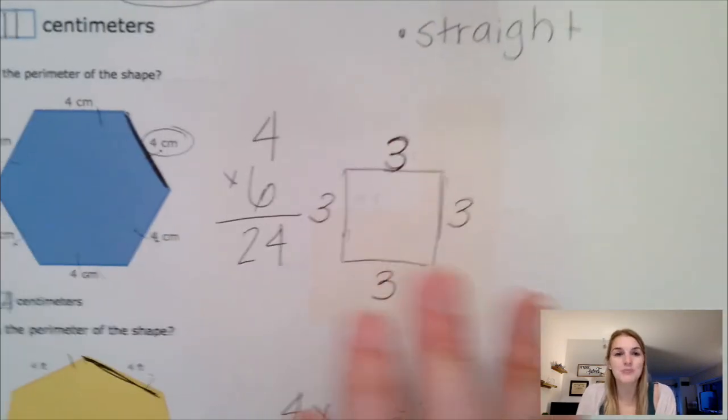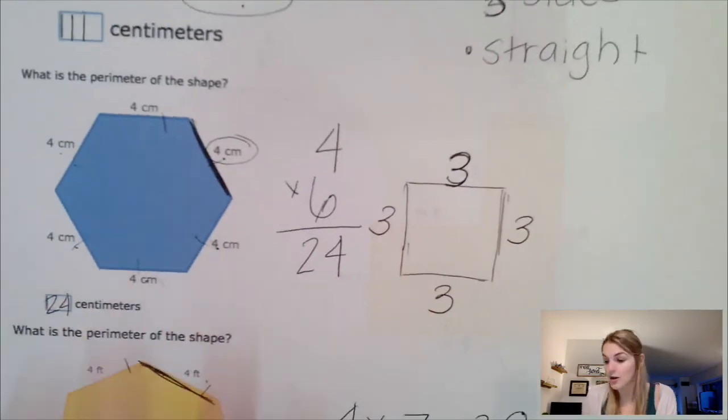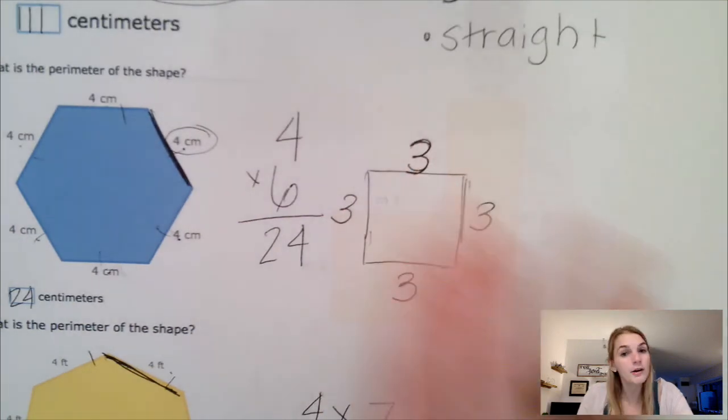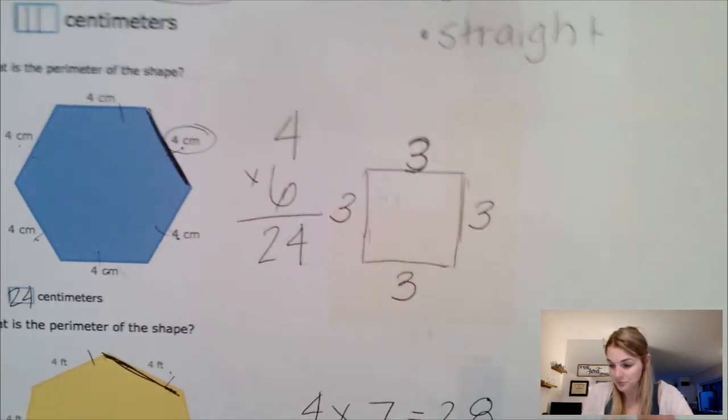Because in shapes like squares and hexagons and heptagons and octagons, where the sides are the same length, if it only gives you one, they're all going to be the same.